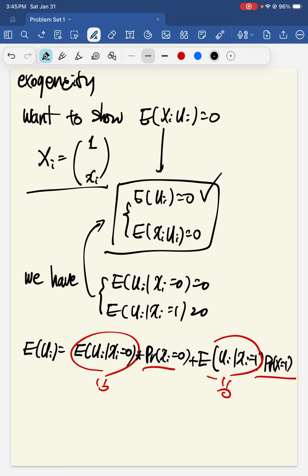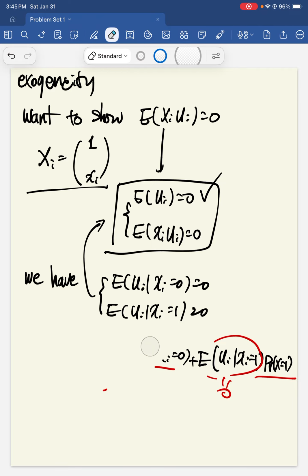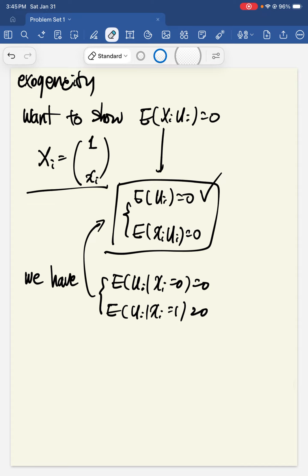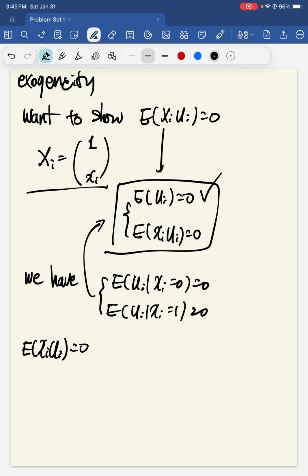Okay, that was proven. Now let me erase those things, and let's see how we can do the other part. We now want to show that this is 0. Okay, we don't need 0 here.